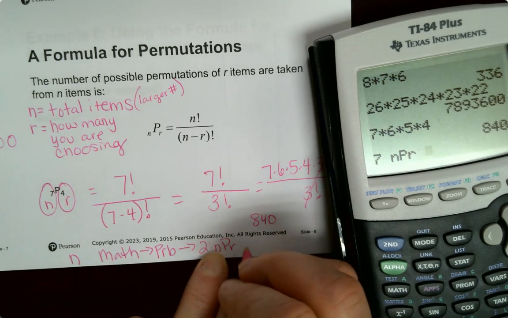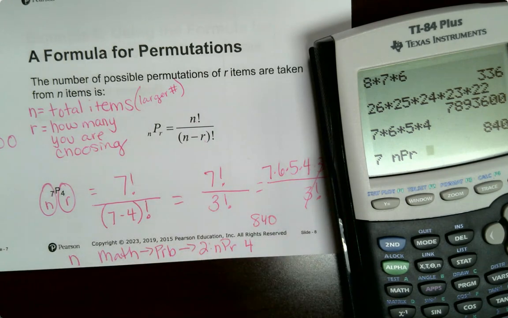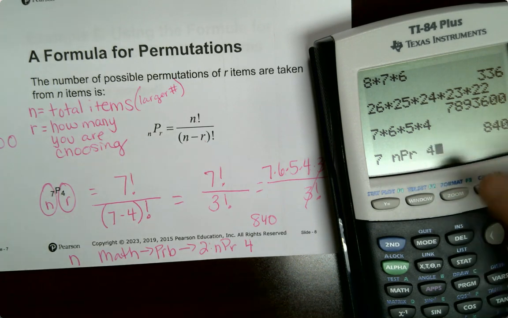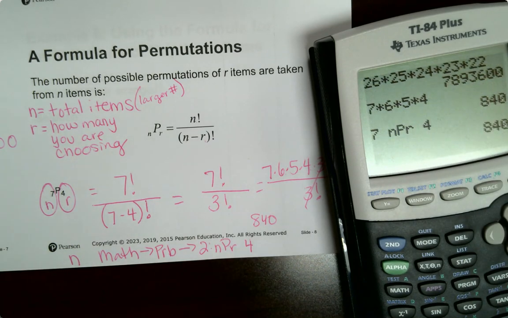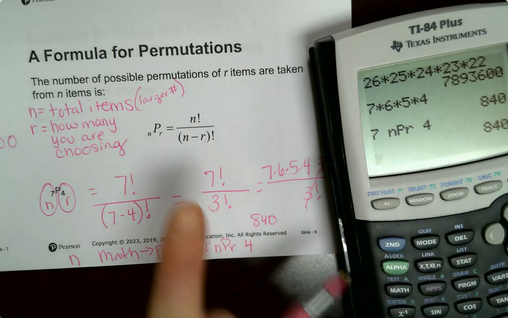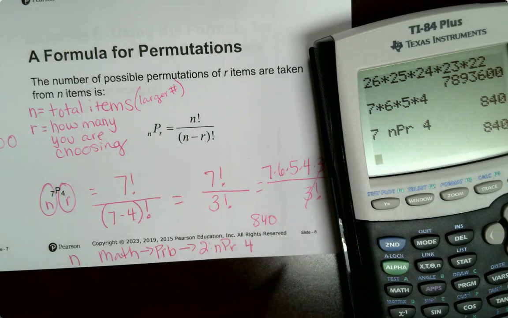And then R is 4. If you have a CE, you will just do NPR and then you replace N with 7 and R with 4. Don't forget to put in your R value right there. And it equals the same thing. So if you have a calculator that has this option, use that. If you don't, then you're going to have to use your formula.